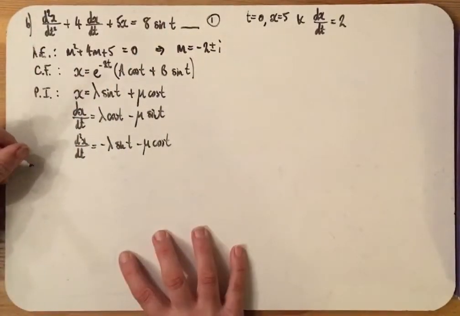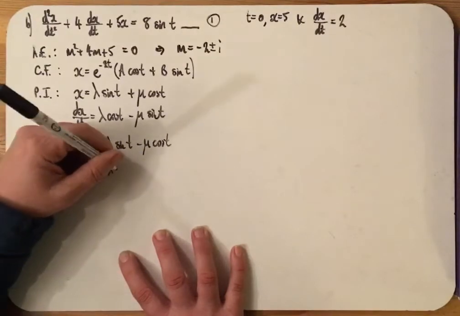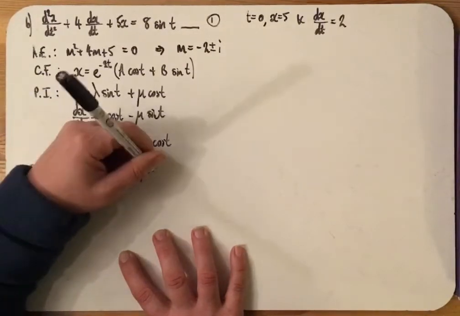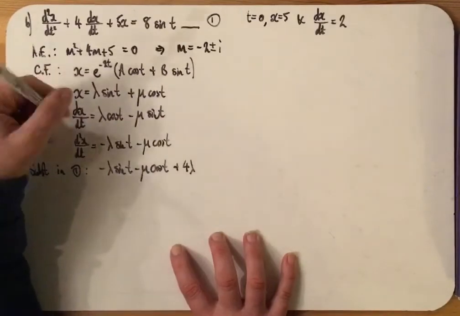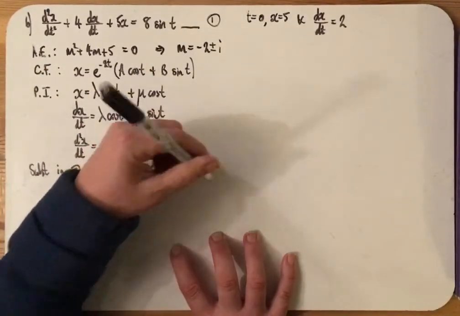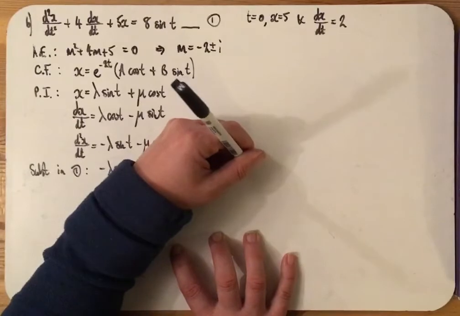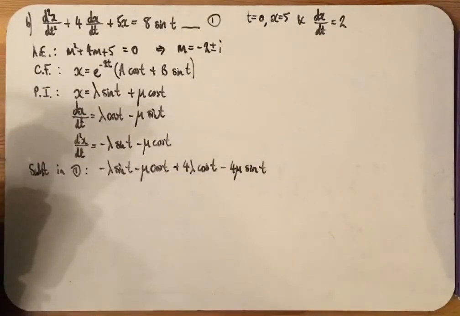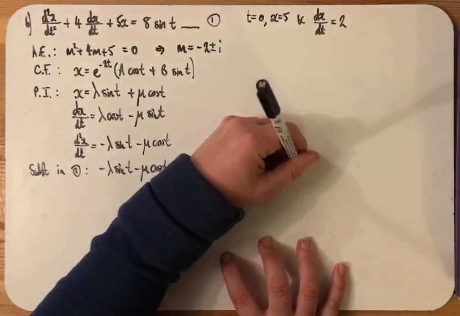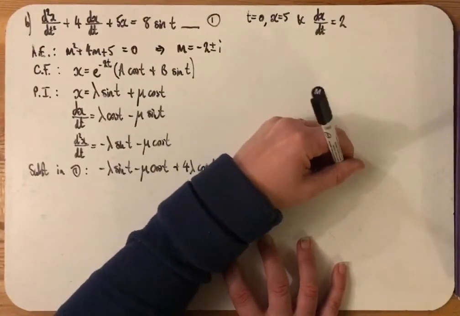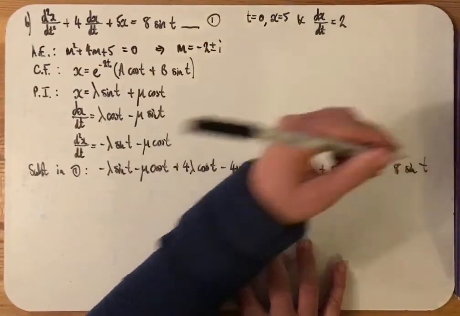So substituting in, we get minus lambda sine t minus mu cos t, 4 lots of dx/dt, which is cos t minus 4 mu sine t, and then 5 lots of x, plus 5 lambda sine t plus 5 mu cos t, and all of that is equal to 8 sine t.